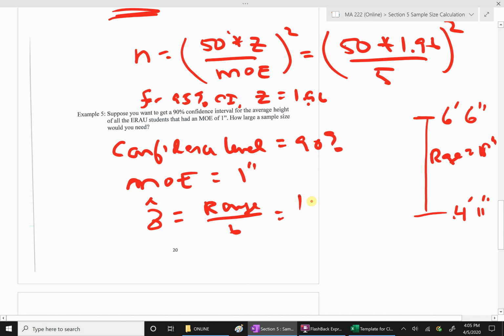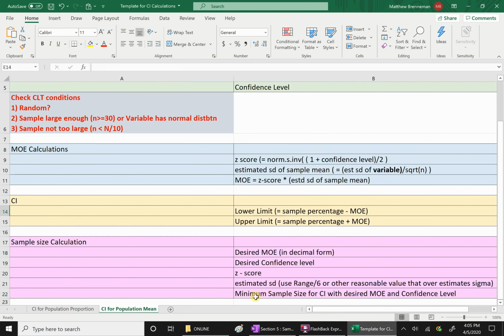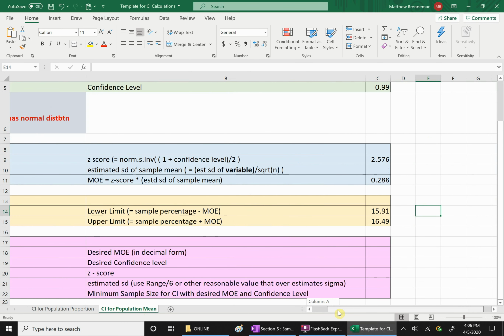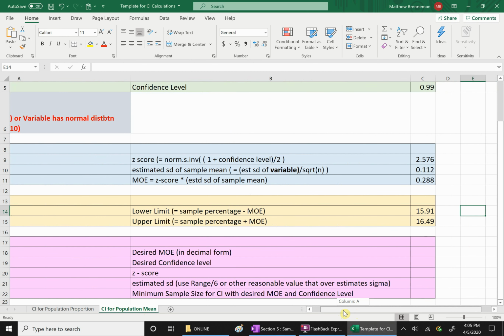So we plug this in here. 18 divided by 6 is about 3. Notice you have to kind of estimate a little bit, right? And now I can go ahead and compute this. So I could have a template now. And again, you might want to stop the video and copy this down on your own, okay?